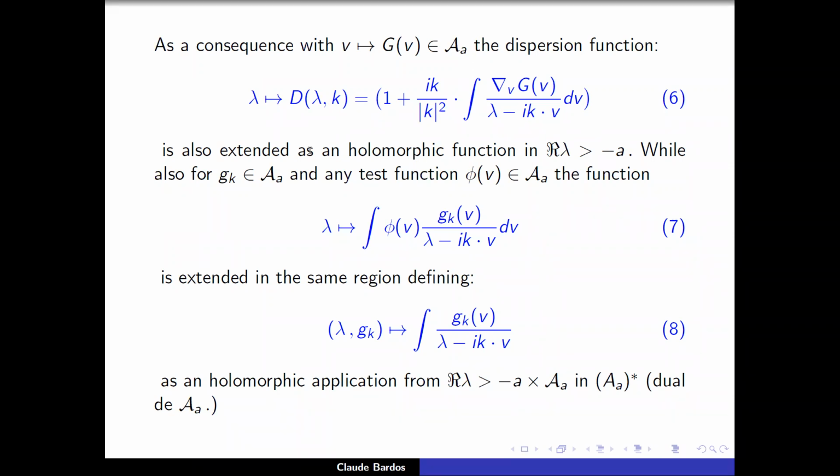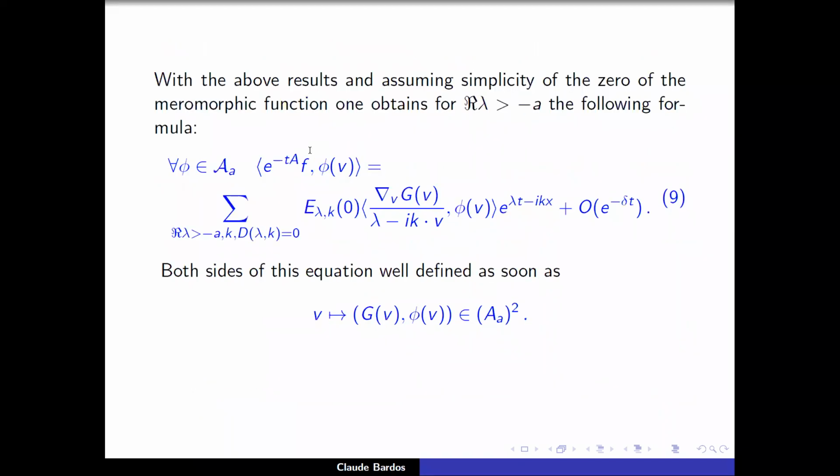This is fully consistent with what I say here. And then you obtain exactly the same asymptotic expansion, except you don't have it in L^p norm, but you have it as soon as you take the scalar product with a function which is analytic or can be extended in the same strip.